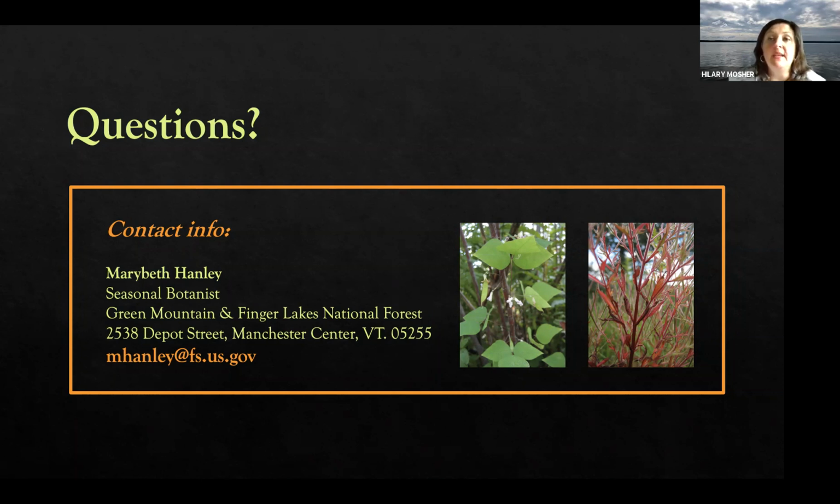Next question, can you recommend a non-aggressive goldenrod for a home garden with an open, sunny area? I don't know a specific species to recommend. They do think that there are some species that are invasive and aggressive in some of the pastures in the Finger Lakes National Forest.